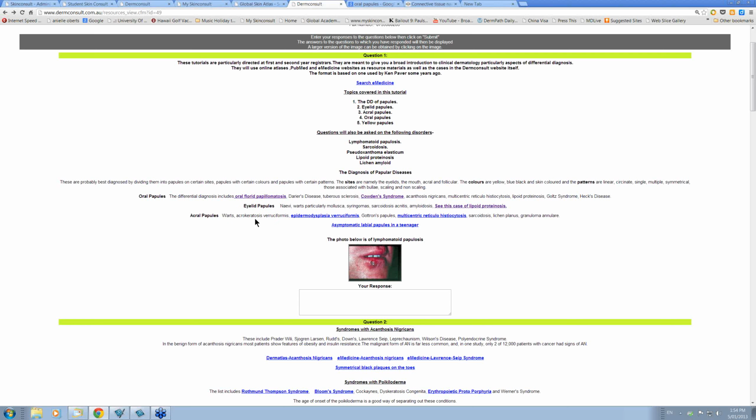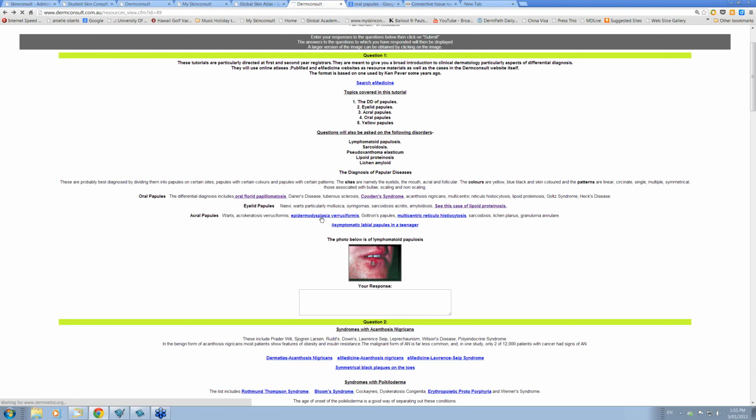Acral papules on the palms of the hands, you certainly need to think of arsenic, arsenical keratoses. Epidermodysplasia verruciformis, that's one of the papillomaviruses, and again some genetic syndromes associated with that, and some oncogenic types of papillomaviruses.